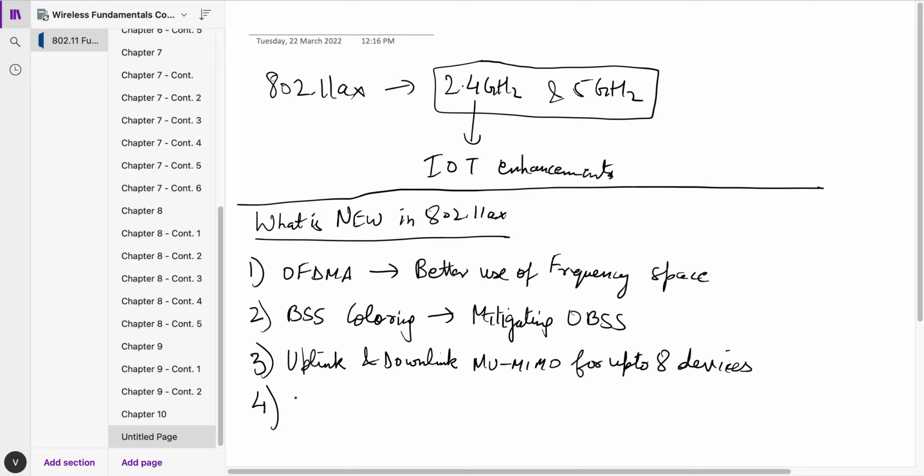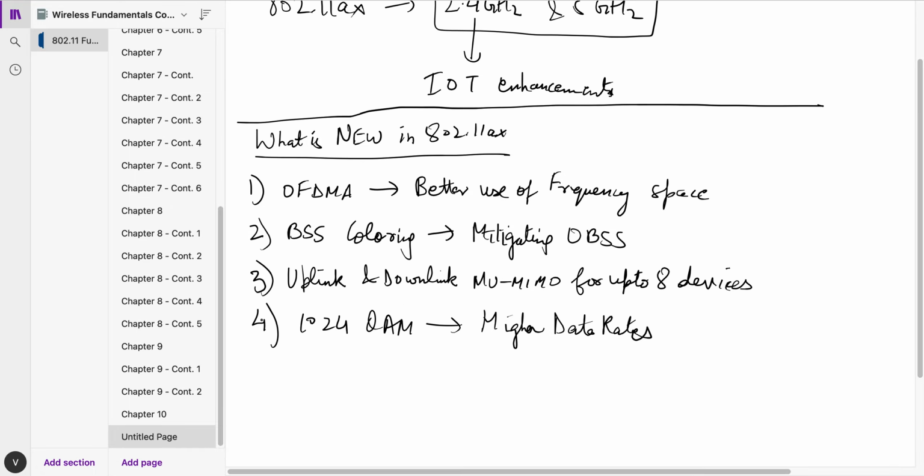The fourth one is the better modulation, which is 1024 QAM, which means slightly higher data rates, of course. But the focus is not on data rates in this particular standard. The focus is something way beyond and much bigger. The fifth one is target wake time, which is TWT.